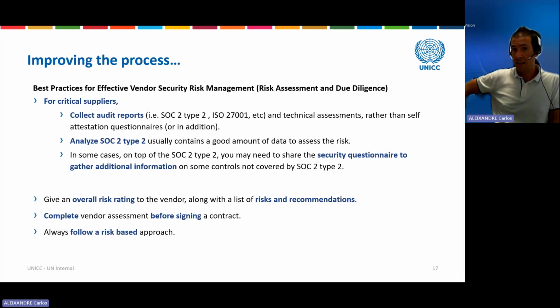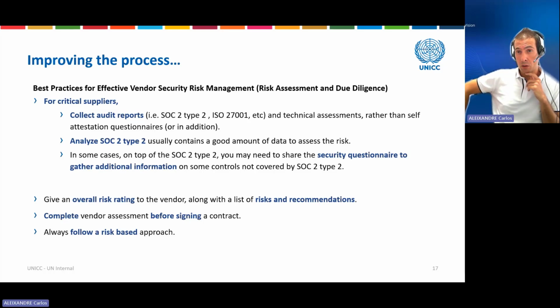So again, analyzing the SOC 2 Type 2 report is useful, because usually it contains a good amount of data, right? It will allow us to analyze and assess the risk properly. Of course, depending on the supplier, you may find that the SOC 2 Type 2 report is more or less comprehensive, but usually it has a good amount of data that we can use to assess the risk.